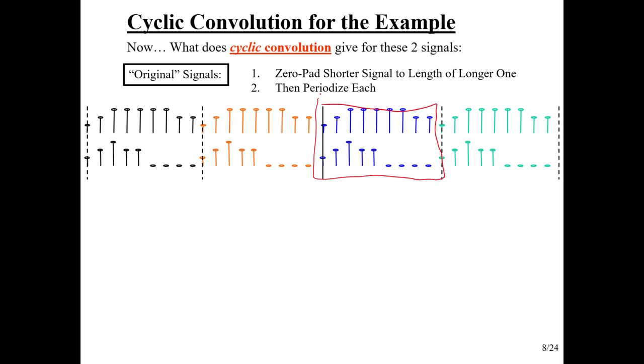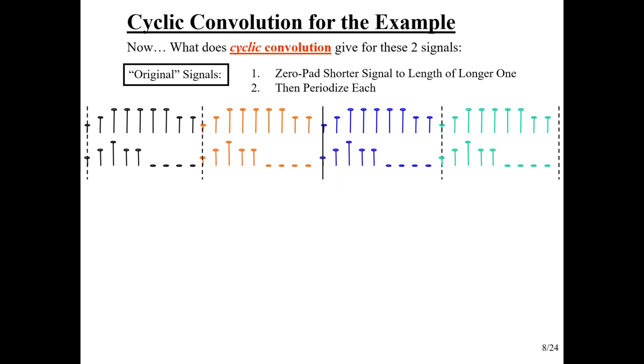And then here's the key to doing the circular part. We periodize them. So that's the view I like to take. Most books will say, now take both of these and put them around two circles, and then we'll look at how those samples interact when we do convolution, where instead of a shift, it's a rotation of those circles.